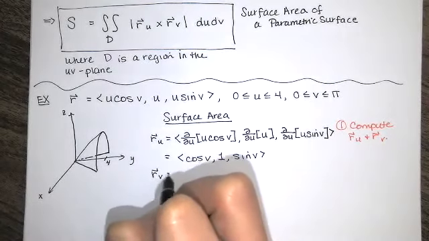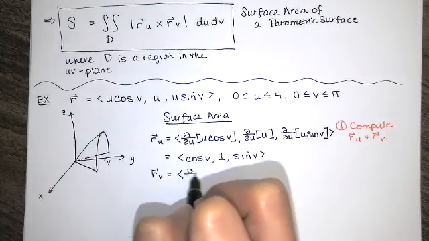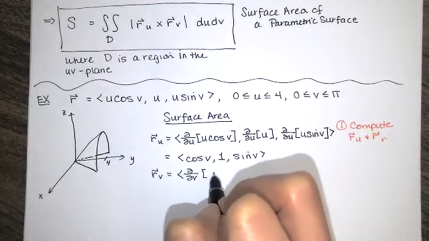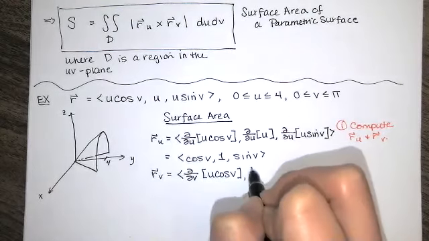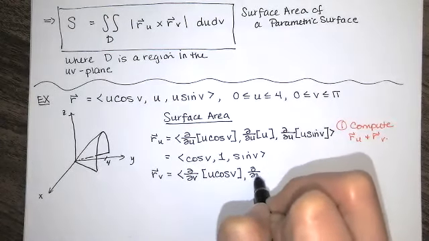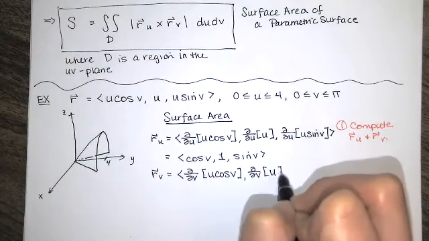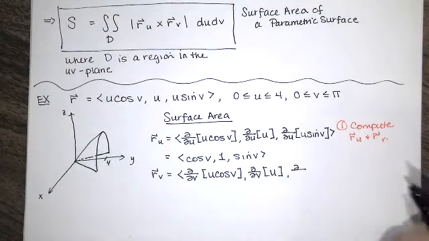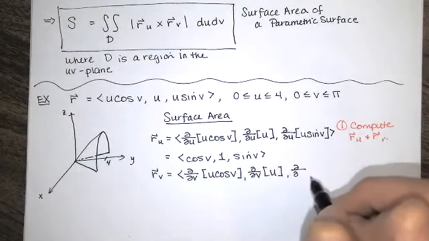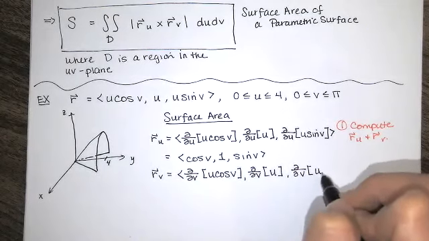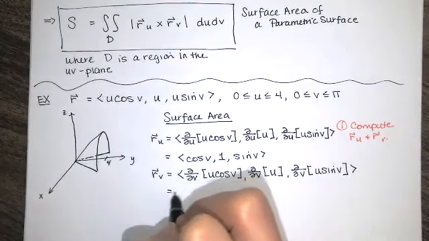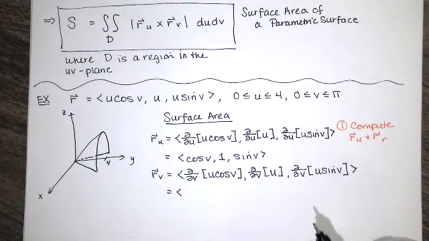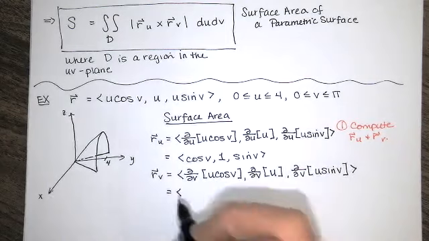Now I want the partial of r with respect to v, so I take the derivatives with respect to v, term by term, component by component. The derivative of cosine of v with respect to v is negative sine of v.